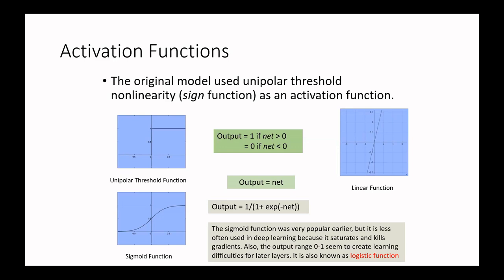In the original model, the activation function was a unipolar threshold function. A unipolar threshold function means it has only two possible values, 0 or 1. So when the net sum exceeds the threshold, output is 1, otherwise output is 0.